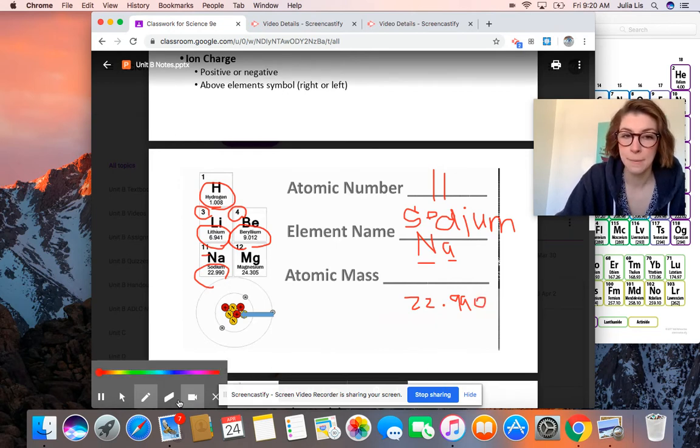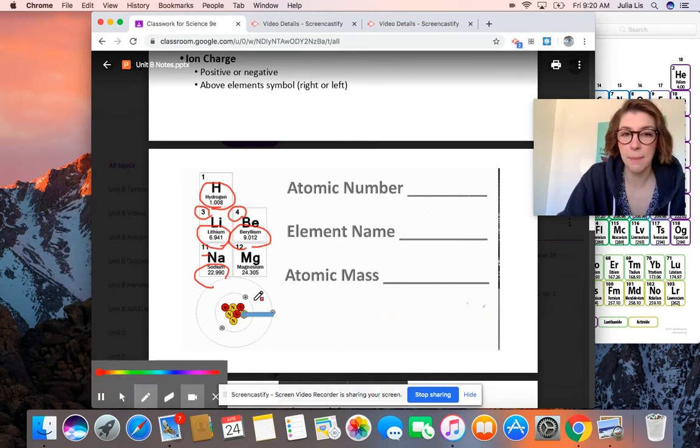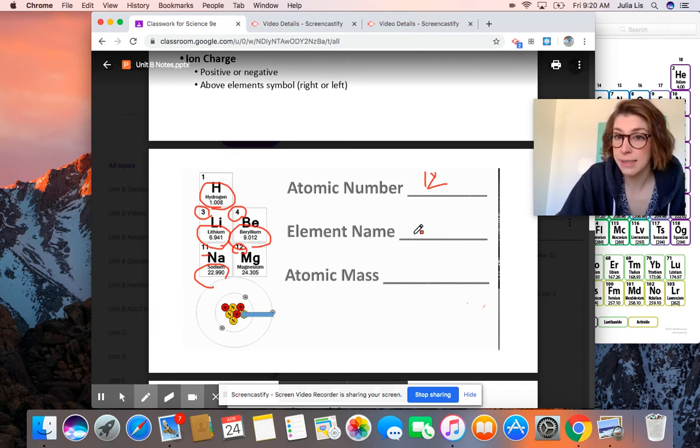okay? Then the last one, magnesium. And we could do this for the whole entire periodic table. These are just some examples that I want to go through. If I look at magnesium, I don't know if you can see it there, its atomic number is 12. Whoops, 12. The name is magnesium. Symbol would be, getting really slow, Mg.